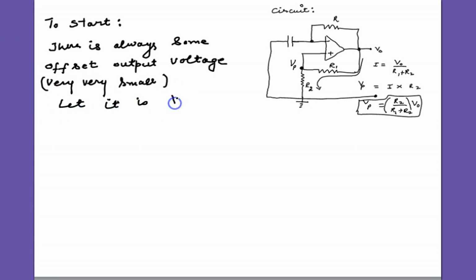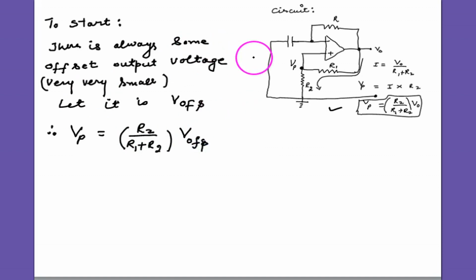Let it be V offset. In the presence of V offset, Vp will be equal to this fraction times V offset. So there is a small positive voltage at the non-inverting terminal, while at the inverting terminal it is 0 because of the grounded capacitor.